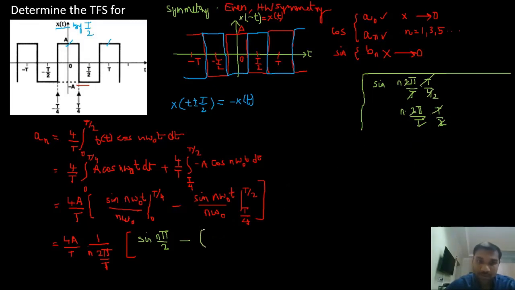So 0 minus sine n omega naught into again T by 4, which is the same as this, so again sine n pi by 2.